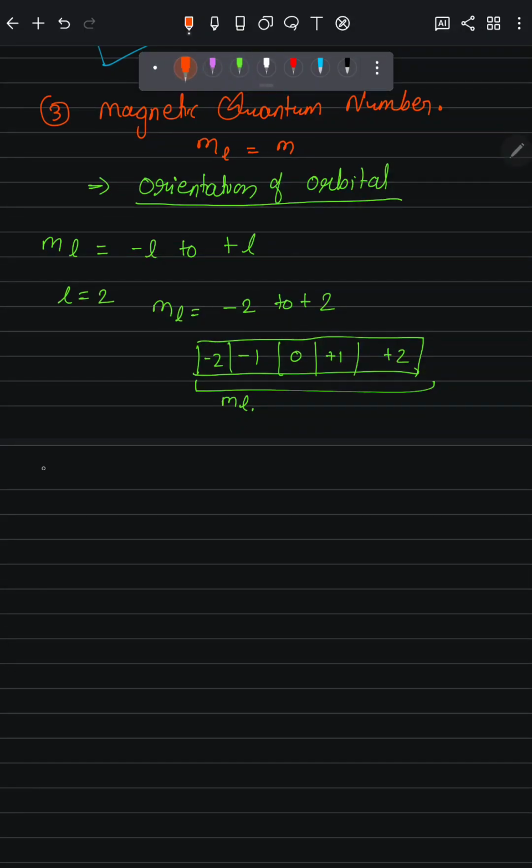And for the last one, the spin quantum number, there are possibly 2 spins present, which means in a box, if this one is present, it is equal to plus 1 upon 2, and if this one is present, it is equal to minus 1 upon 2, plus half and minus half.